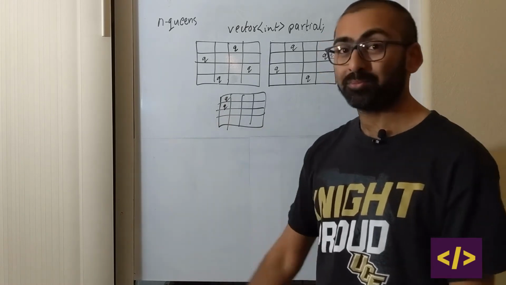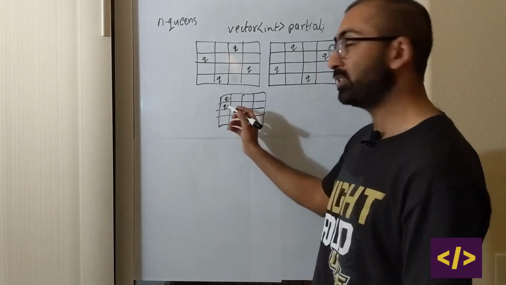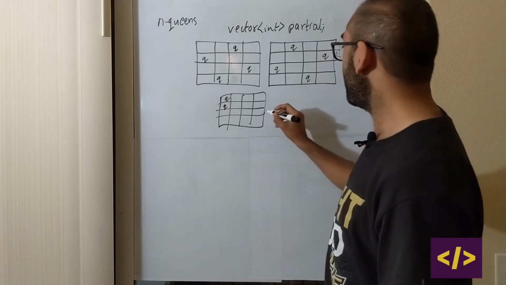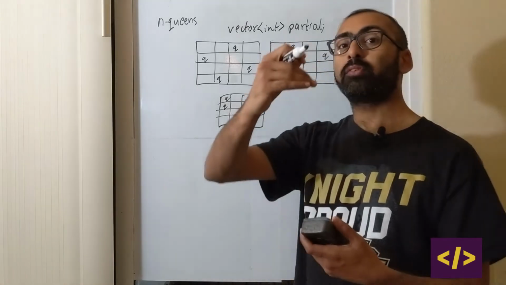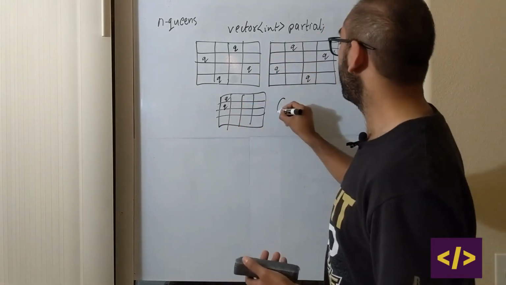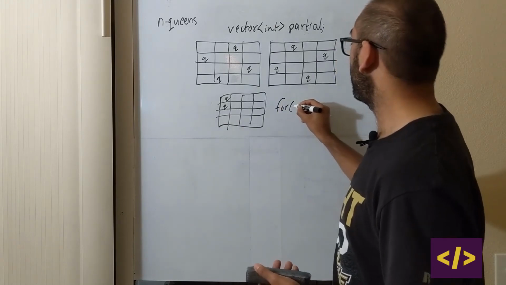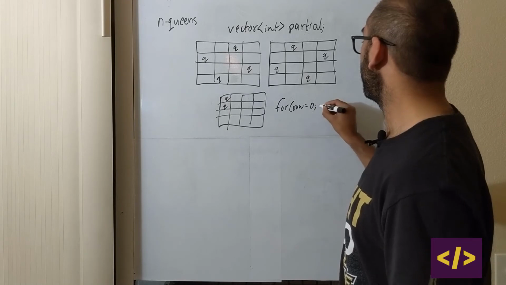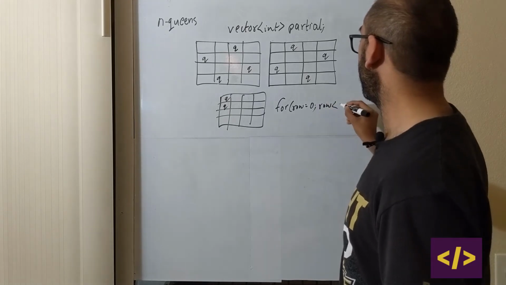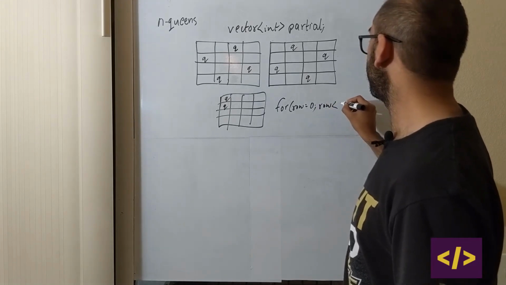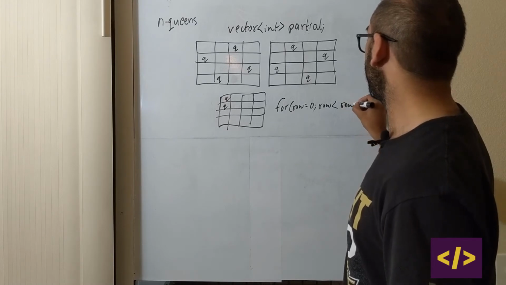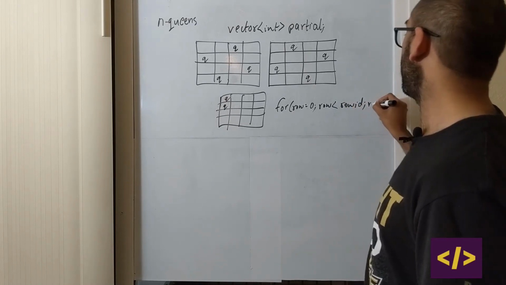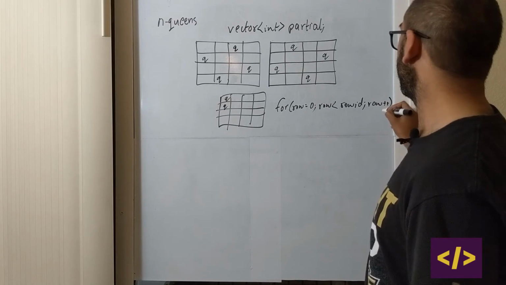Now, is that possible? No. So how would you check that? So you would have to iterate through all of the previous guides, right? So for row equal to 0 to row less than row ID, row plus plus.